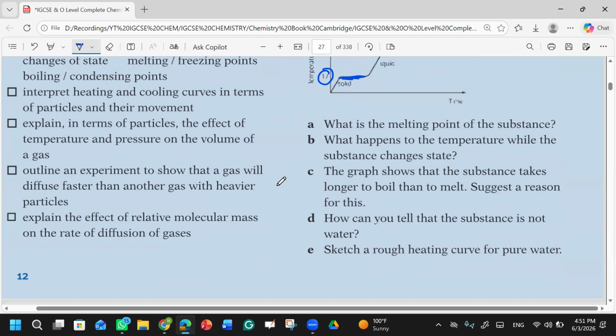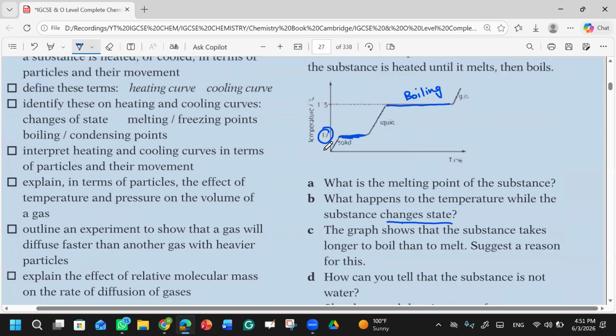It gets higher. No. The temperature doesn't go from a low temperature to a high temperature while the substance is changing state. The temperature will remain constant.